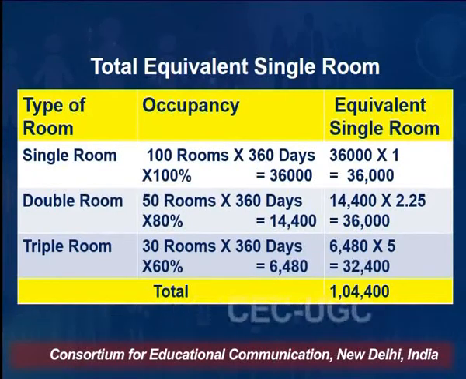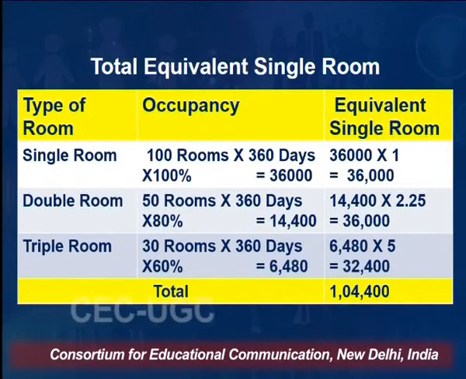For the double room, the same process we shall follow. 50 rooms into 360 days, with an occupancy of 80%, so we multiply it by 80%, which gives me a value of 14,400. This 14,400 is my equivalent single room. The question reports that whatever is the single room charge, the double room charges should be 2.25 times of that. So we multiply it by 2.25 and it gives me a value of 36,000.